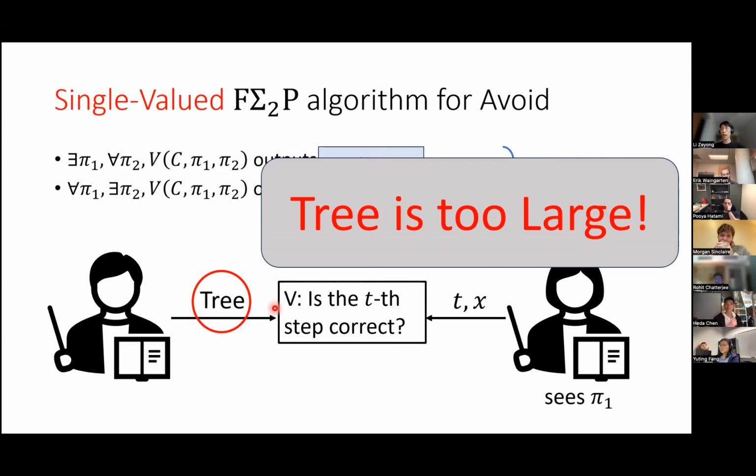The tree here is too large. We started off with an exponential size tree, and we are trying to give a sigma 2p algorithm, which should be polynomial in size. So the message should be polynomial in size. So the tree is just too large, and he cannot just send in the whole tree.